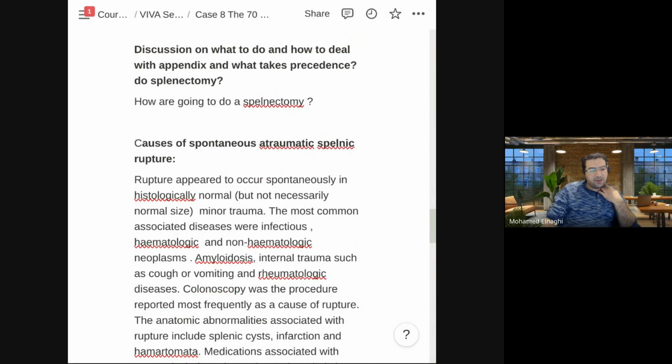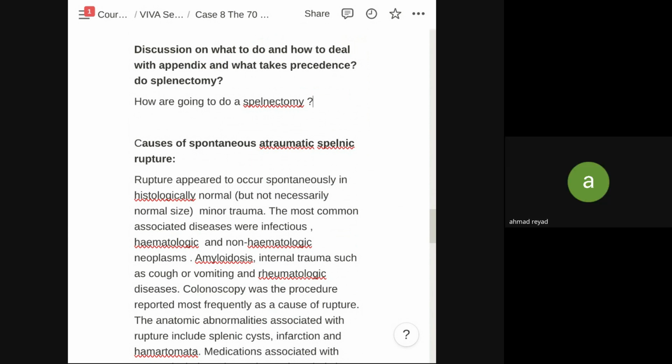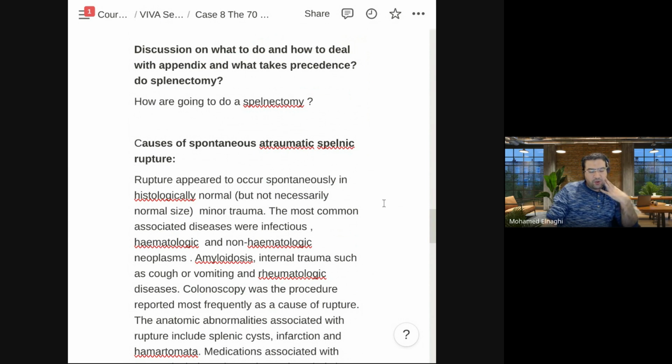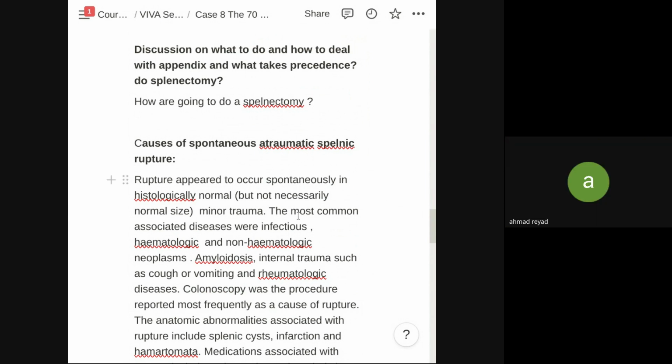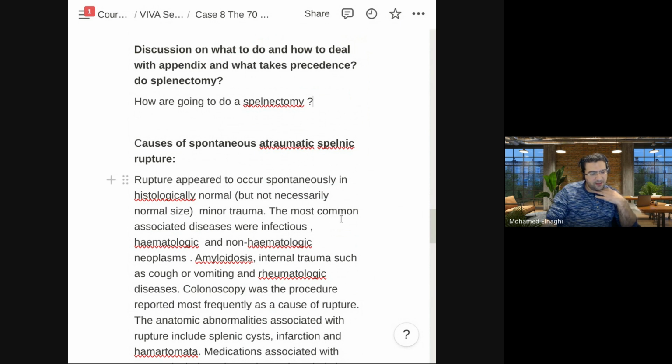Yeah, exactly. So there are lots of causes of spontaneous splenic rupture, and the most common cause of these is infection. There are some reports saying that patients with severe sepsis can sometimes have a spontaneous splenic rupture. But there are lots of other causes. So you've got infection, hematological diseases, amyloidosis. So there is a list of these causes. I think it's worth knowing as well.